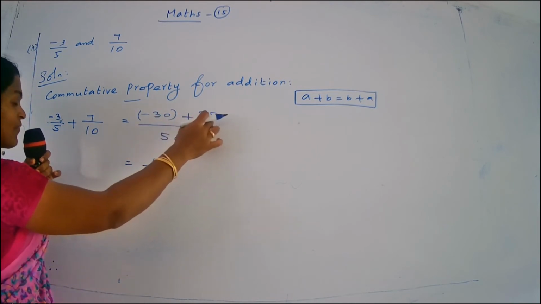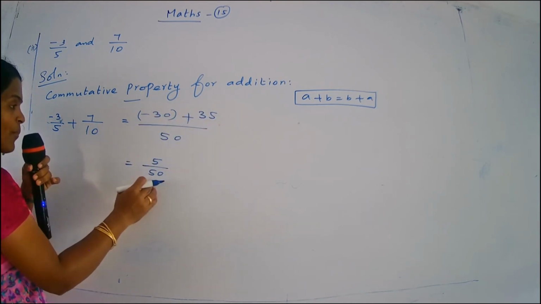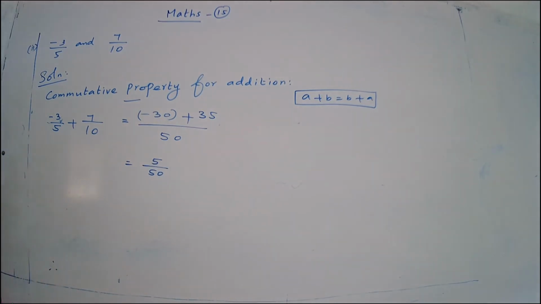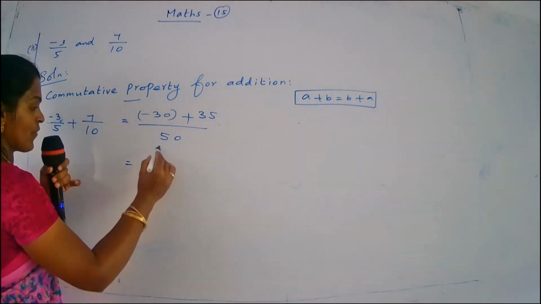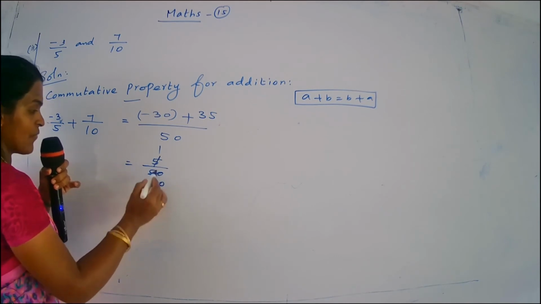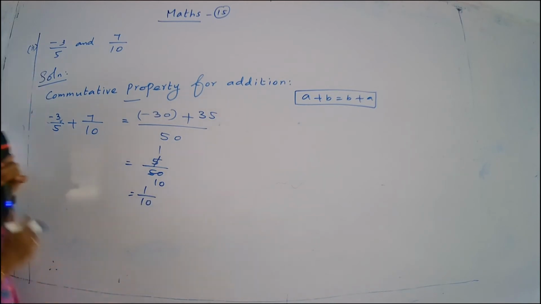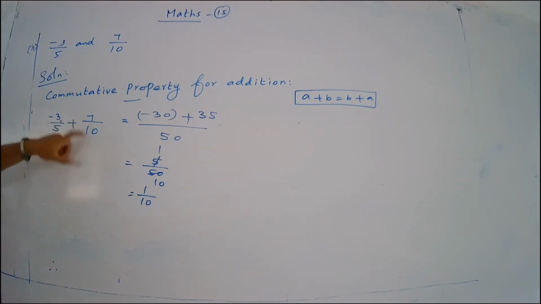So here denominator and numerator have common factors, so you divide it. 1 5 is 5, 10 5s are 50. So your answer is 1 upon 10. So the value of minus 3 upon 5 plus 7 upon 10 is equal to 1 upon 10.